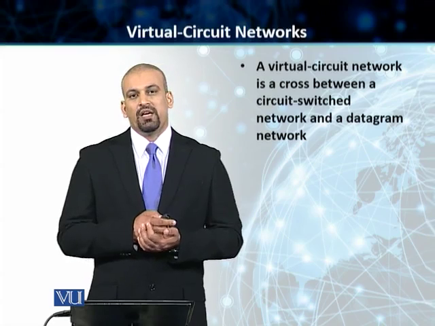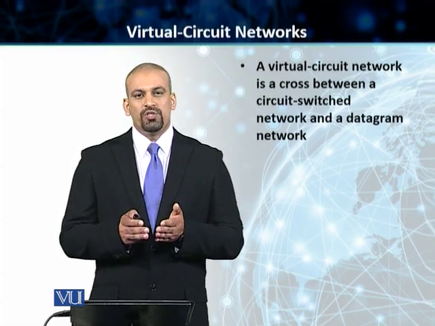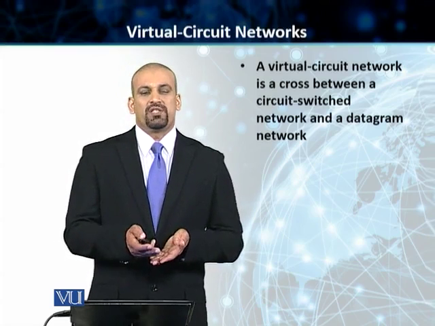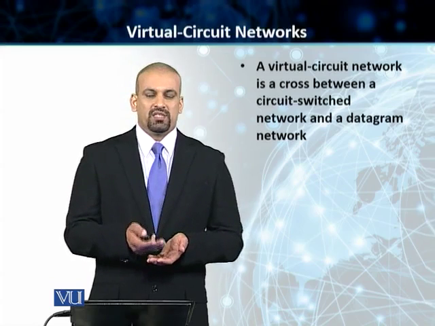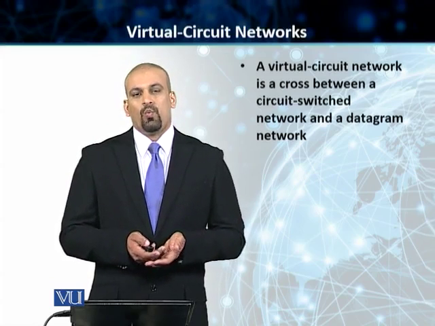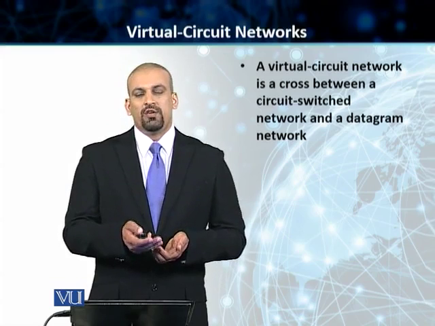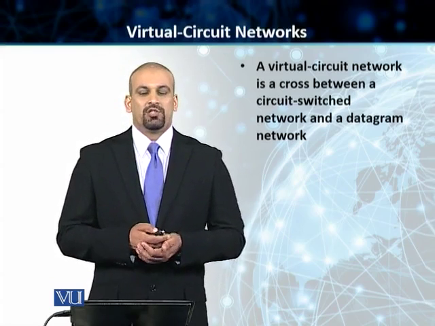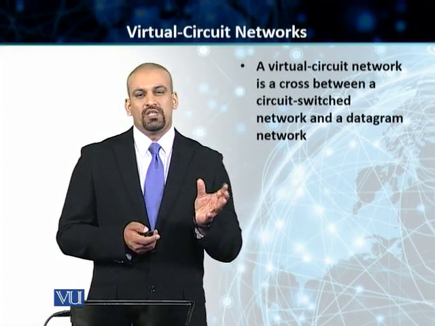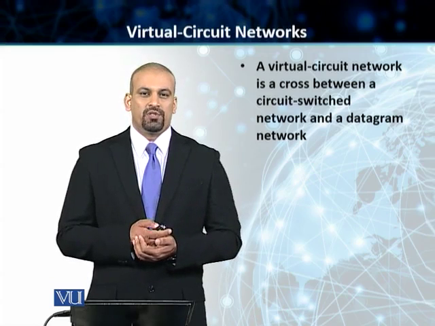Why am I saying that? Because in the virtual circuit approach, which is what we are going to use at the data link layer, you actually have to establish a circuit before the data is sent onto the links. Once the data transfer is complete, you tear down this link. So a property of circuit switch networks is present in the virtual circuit approach.